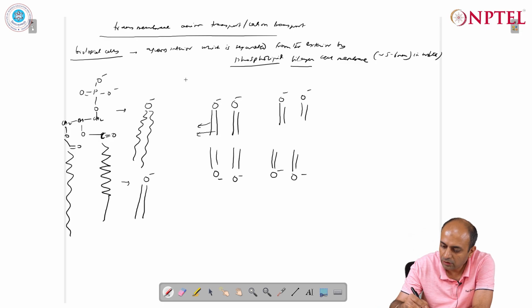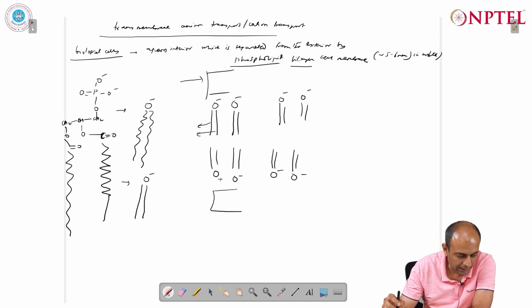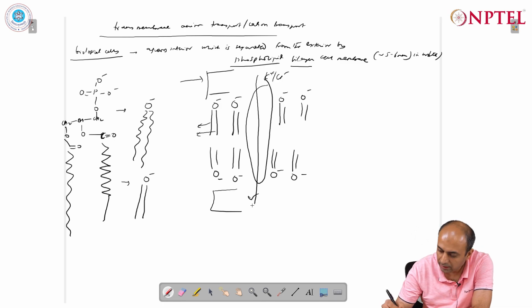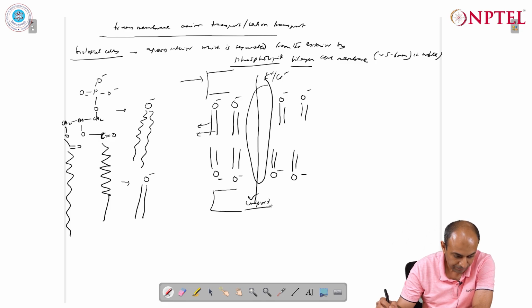So we have the aqueous region here, we also have the aqueous region here, and in between we have got the bilayer, and we can actually have the transport, for example, of a cation, say potassium, or an anion, say chloride, and it transports from say the outside to the inside of the cell. For example, this is referred to as the uniport mechanism.